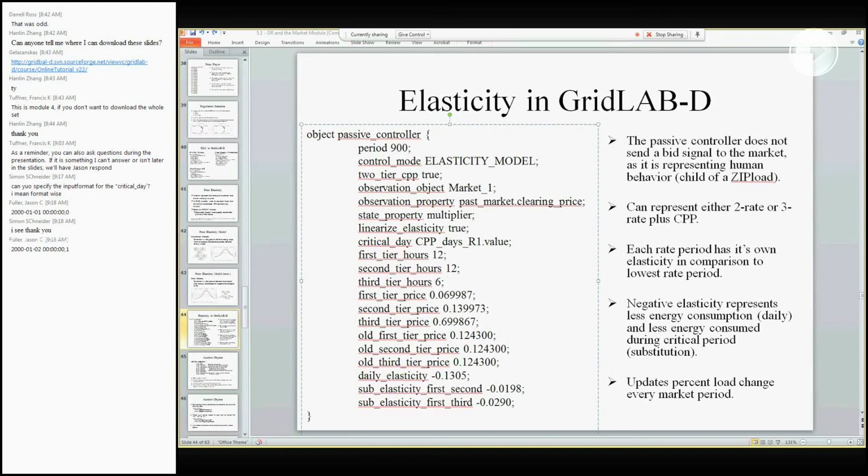Just something like that. So that would be, on the first day of January, it's not a critical peak price day, and on the second day of January, it is. So you just feed that in as a player value. So yeah, sorry, that was a good question.